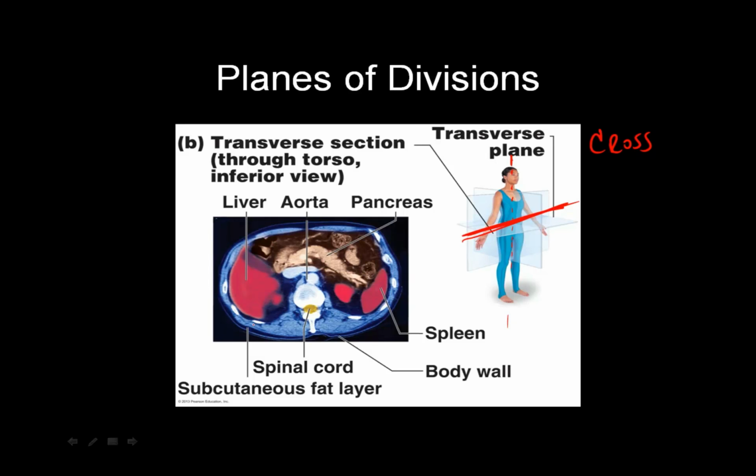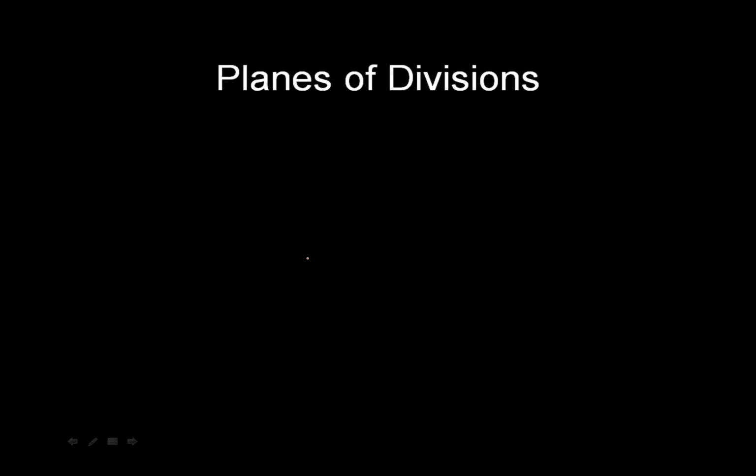Here's the picture of a cross section through the abdomen, so it's going to give you a very different view. Here's the spinal cord. Okay, here's the spleen. There's the liver. It's going to give you a very different view compared to a frontal section. And so it's really important to know, well, what am I looking at? What kind of section is this? This particular one is a cross section or a frontal section.